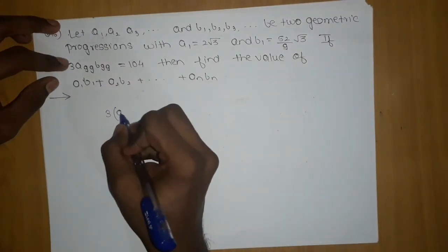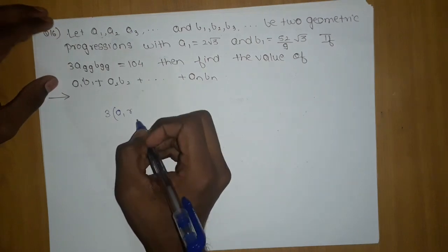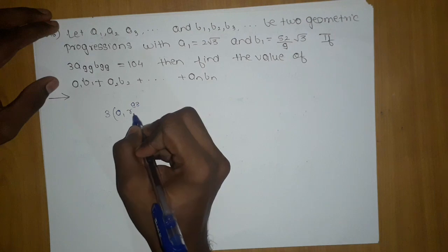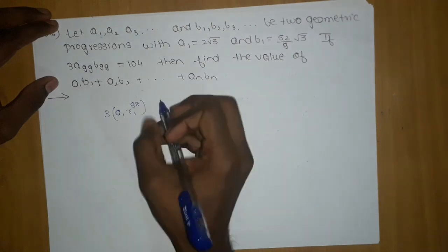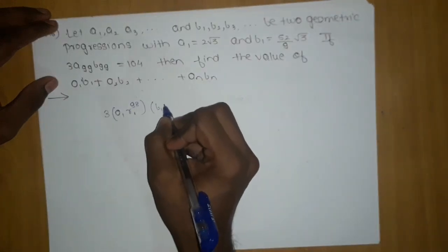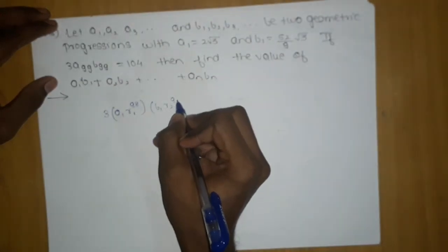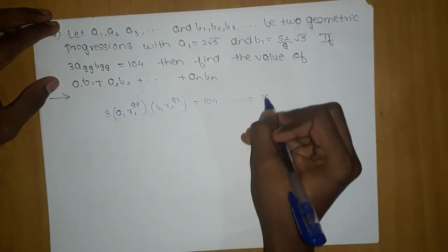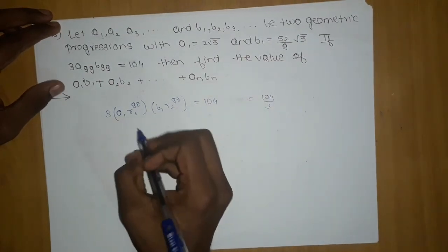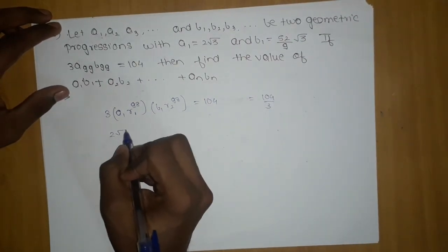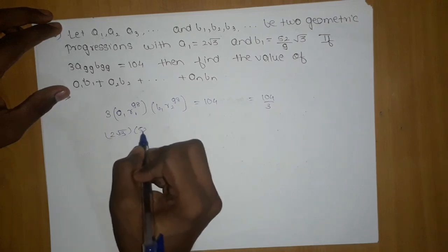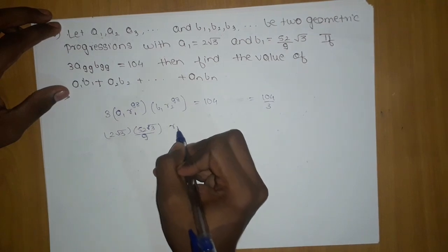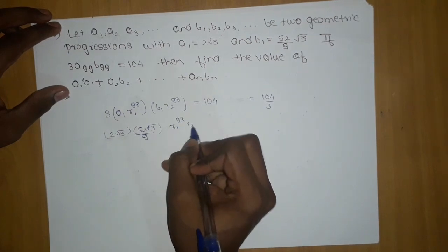So it was a1 into r1 power 98, and similarly here b1 into r2 power 98, should be equal to 104. So it should be equal to 104 by 3. So here a1 into b1, 2 into root 3 into 52 into root 3 by 9, is equal to 104 by 3 into r1 power 98 upon r2 power 98.